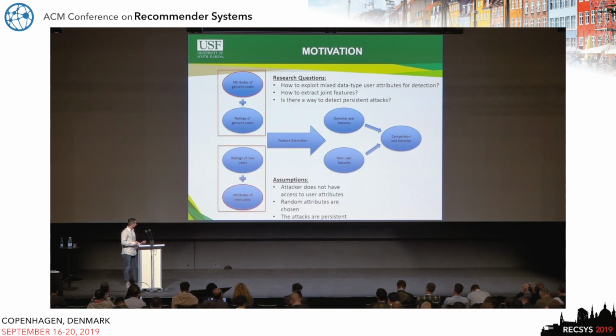In this study, we have the following assumptions. The attackers do not have access to user attributes registered in the system, so they put random attributes if they are asked. And to get quick and efficient results, they perform the attack profile injection in a short time period.